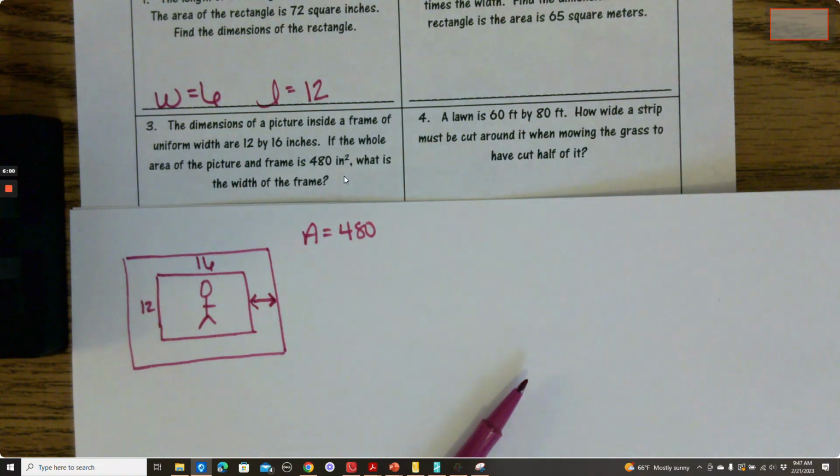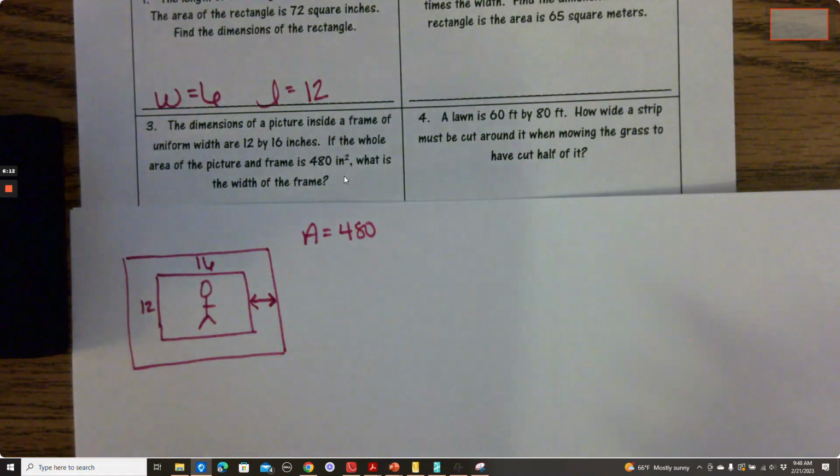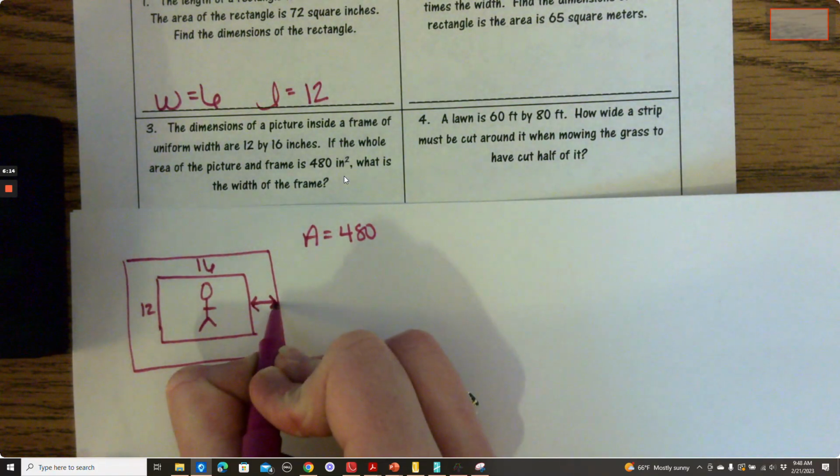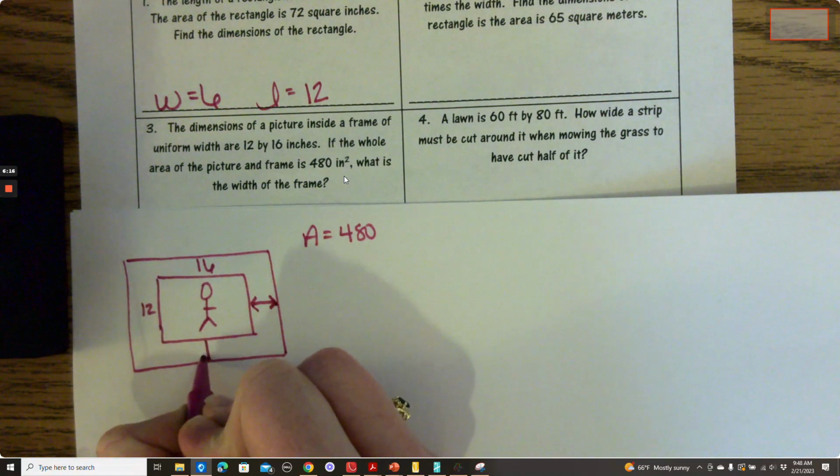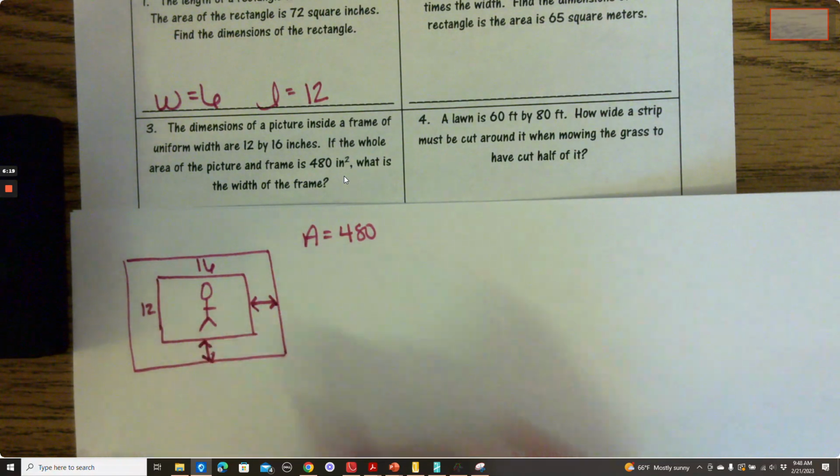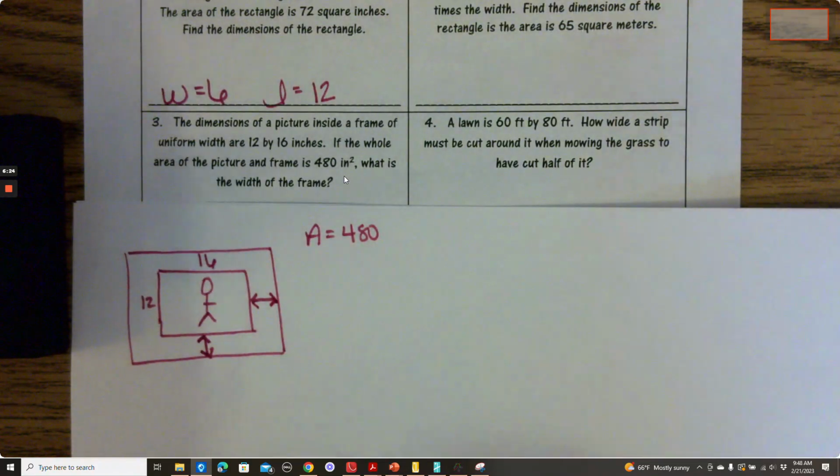It wants to know this distance from here to here. Okay? So, here's what we can do. It says it's a uniform width, meaning the distance from here to here is the same as the distance from here to here. Okay? So let me get a different color.